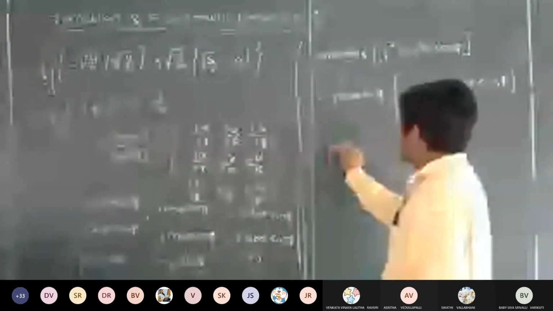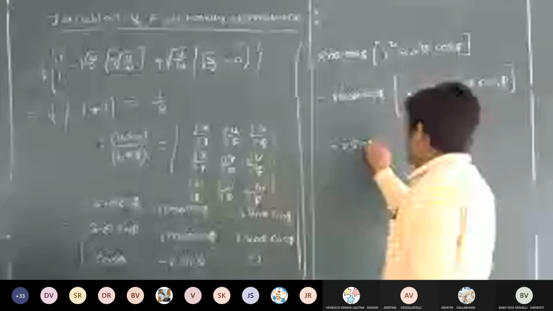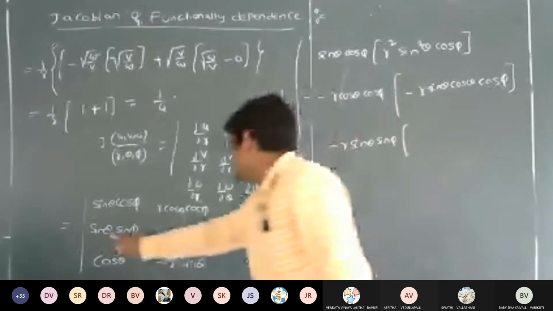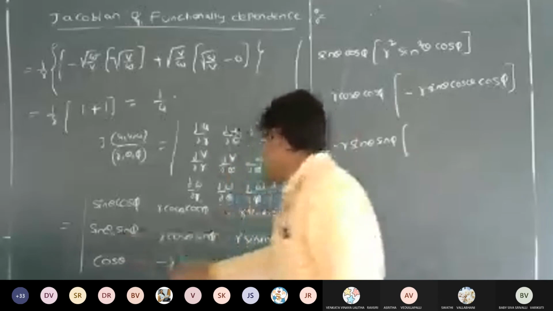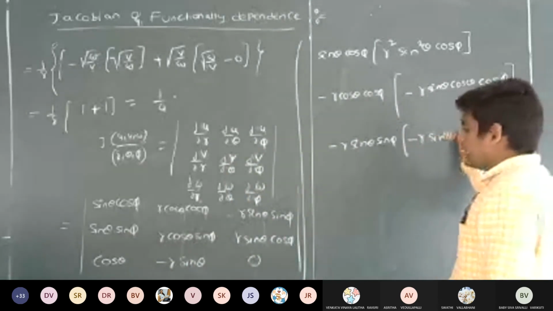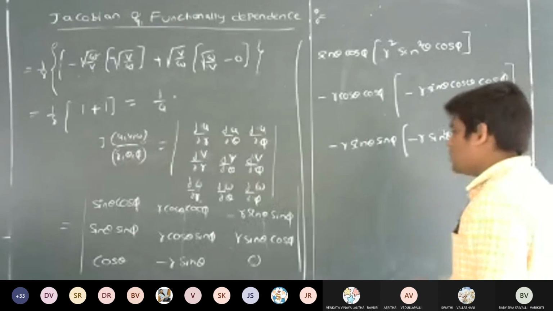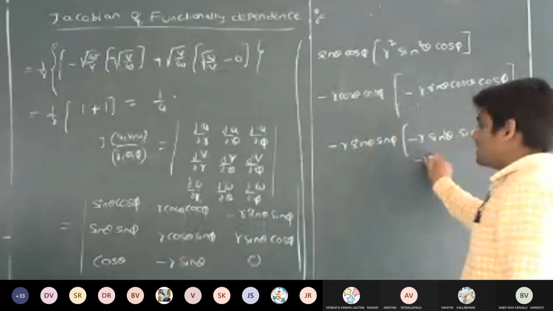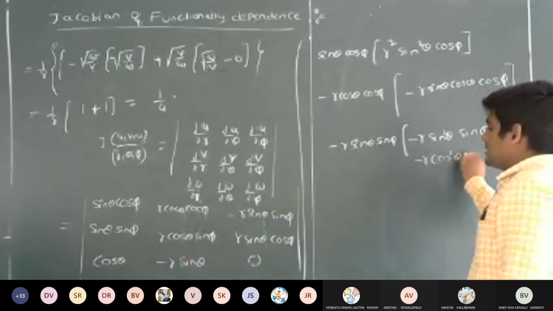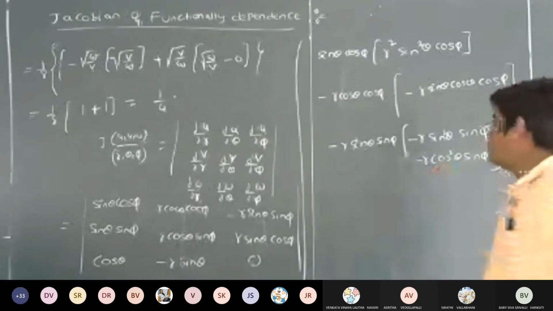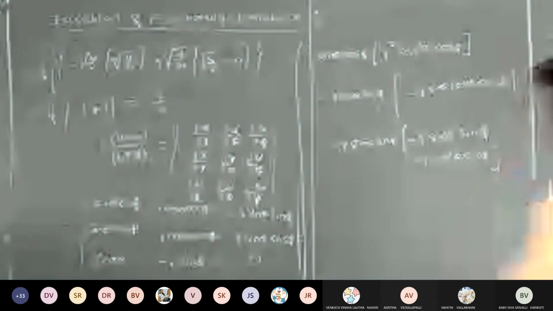Coming to the last value, this is minus r sin theta into sin phi. Here this is minus r sin theta into sin theta, so this is minus r sin square theta into sin phi. This one is minus r cos square theta into sin phi. Is it clear up to this, everyone?